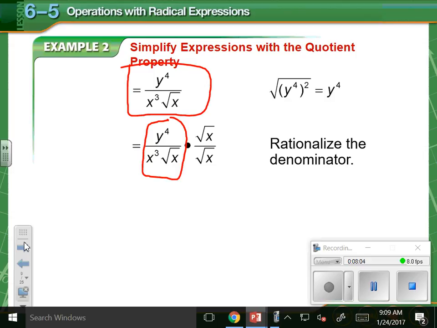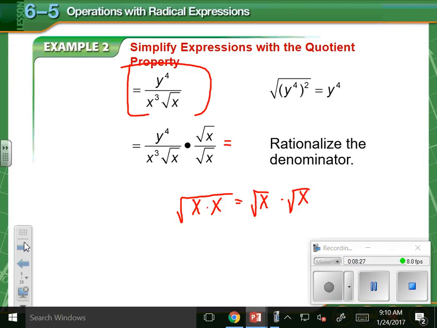And the reason is, when you multiply by radical x on the bottom, you get x to the 3rd. Radical x times radical x is radical x squared. If there are two things that are multiplied together under a radical, we know we can give them each their own radical.